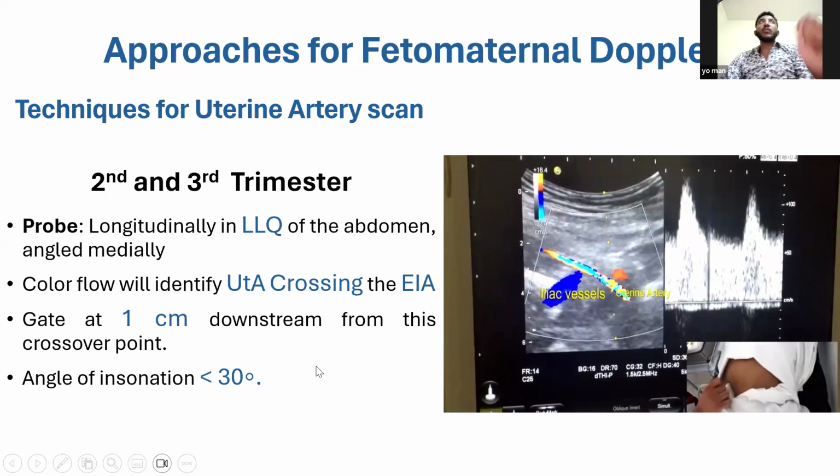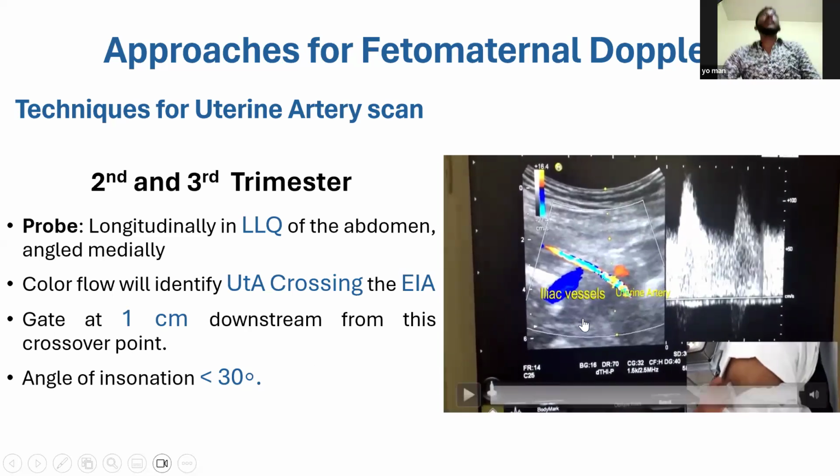So the gate is placed 1 centimeter downstream at this level. This is the umbilical. These are the iliac veins and the iliac arteries. So this is the uterine artery. After you identify the uterine artery, you should angle the probe to be parallel to it, as he did here.